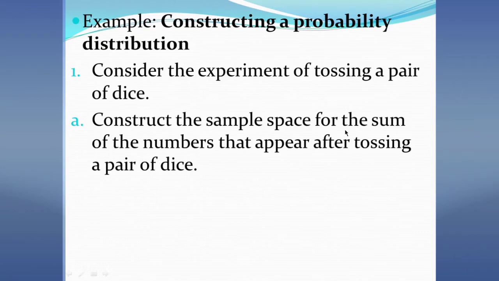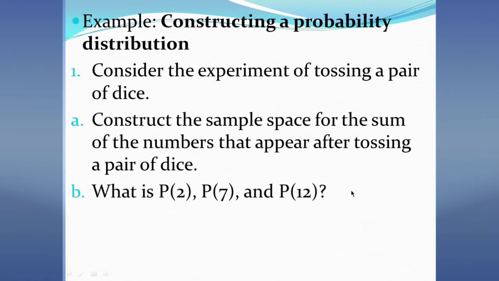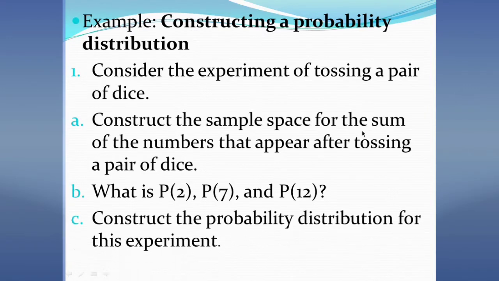So we will find the sample space, or the outcomes when we toss a pair of dice. Letter B, evaluate: what is the probability of 2, the probability of 7, and the probability of 12? And letter C, construct the probability distribution for this experiment.